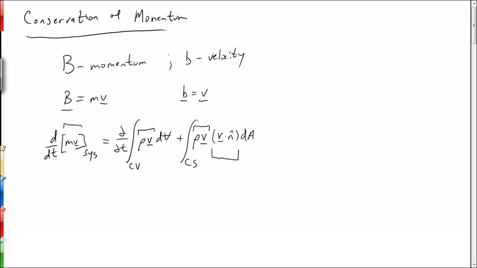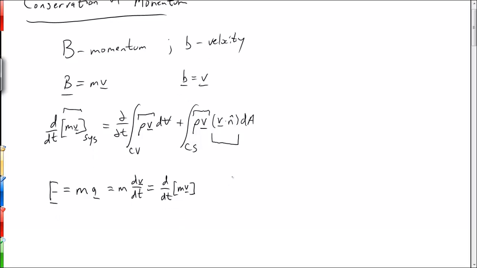Now, what use is this? Well, if you remember back from physics class, this fairly well-known equation, F equals ma, let's write it in vector form like that. Well, we see that ma is just equal to m times dv dt, and if the mass is constant for a system, which it is, then we can take the m inside the derivative, and we get d dt of m v vector.